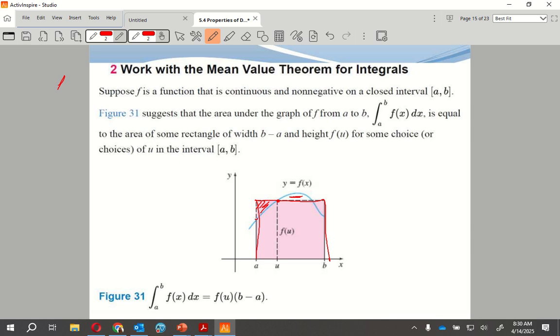So b minus a is the distance from here to here, and the distance from here up to this point on my function is my f of u. So I'm going to have a rectangle where the area is f of u times b minus a, which is equal to my actual integration of the whole thing.